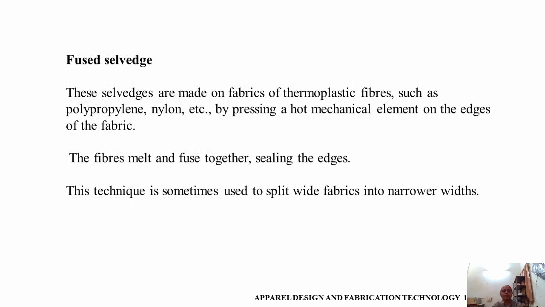Next is the fused selvage. These selvages are made on fabrics of thermoplastic fibers such as polypropylene, nylon, etc., by pressing a hot mechanical element on the edges of the fabric. The fibers melt and fuse together, sealing the edges.